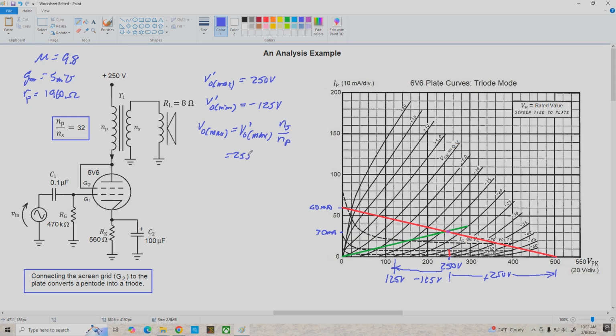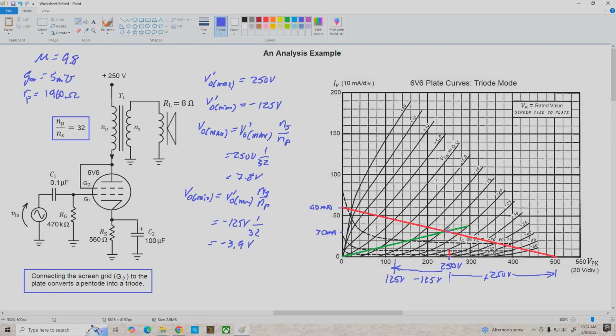So it's 250 volts times 1 over 32, which is about 7.8 volts. VO min is equal to V prime O min times 1 over NS over NP. So that's negative 125 volts times 1 over 32, which is about negative 3.9 volts.